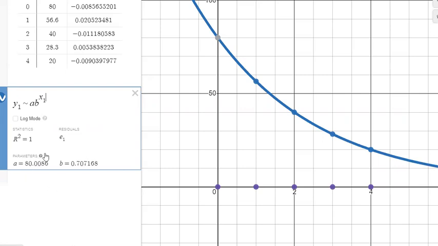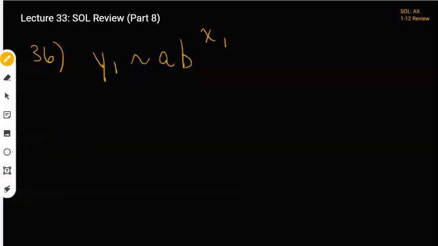So what are my parameters? A equals 80 if I round it to a whole number. And then B, if I round that, it's going to be 0.71. So y equals 80 times 0.71 to the x power. And that's my equation.